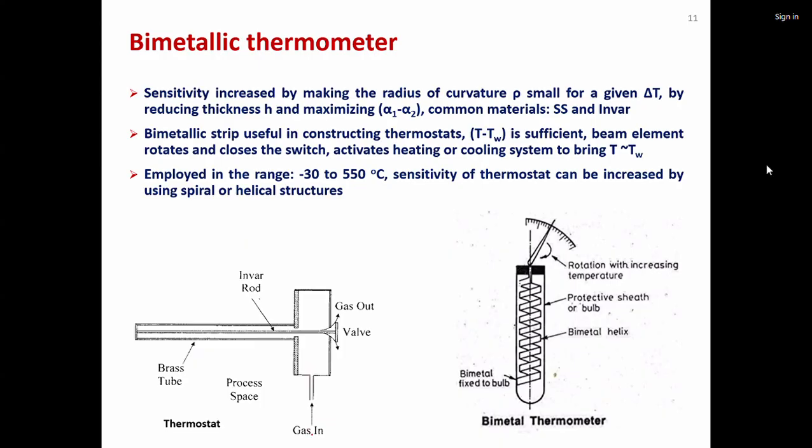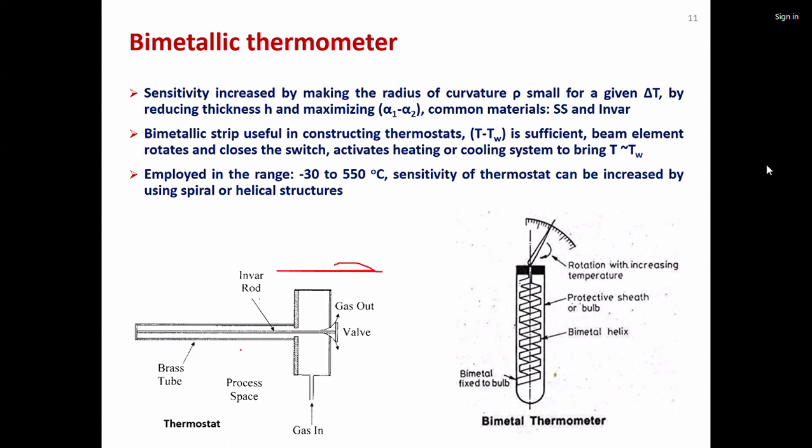Typically they produce hot gas by flowing the air around hot water. Okay, and so this hot gas comes in and goes through this valve, and this is basically your process space, maybe your room, for example, that you want to heat. So this gas goes through this valve.